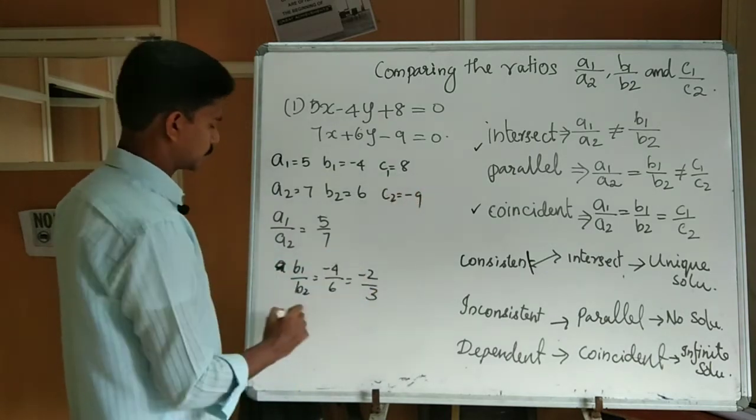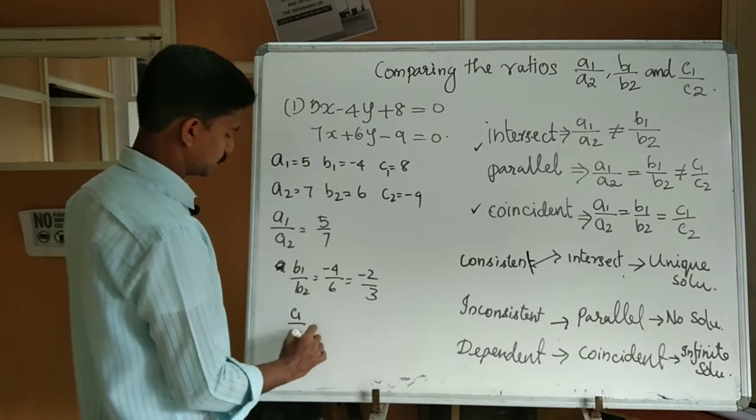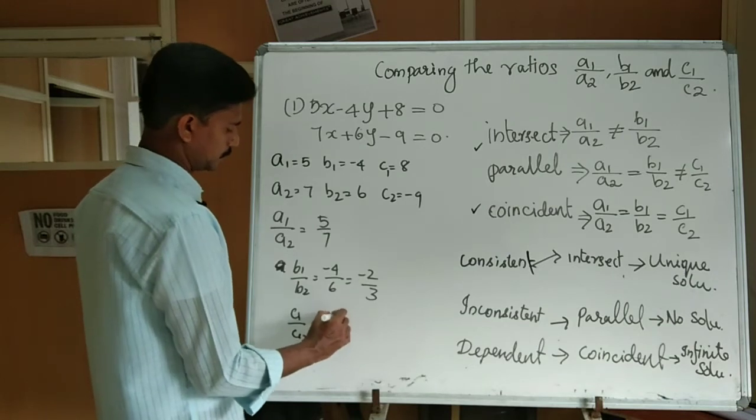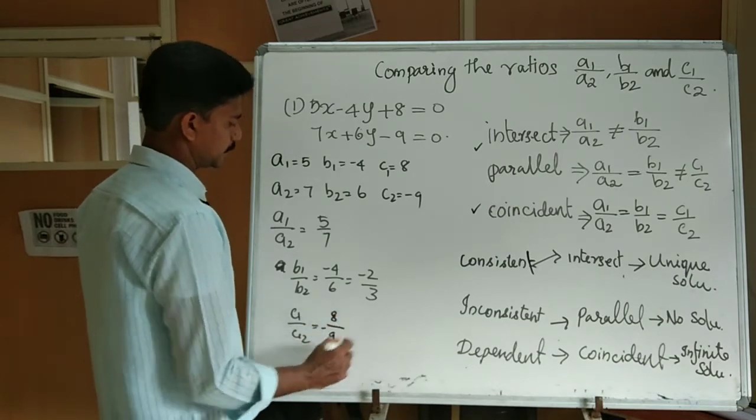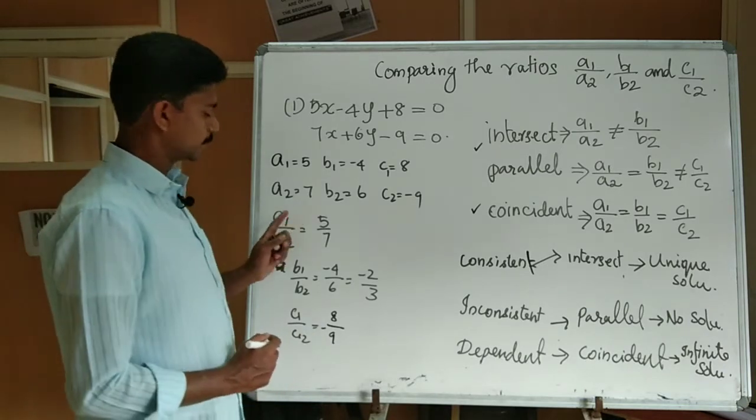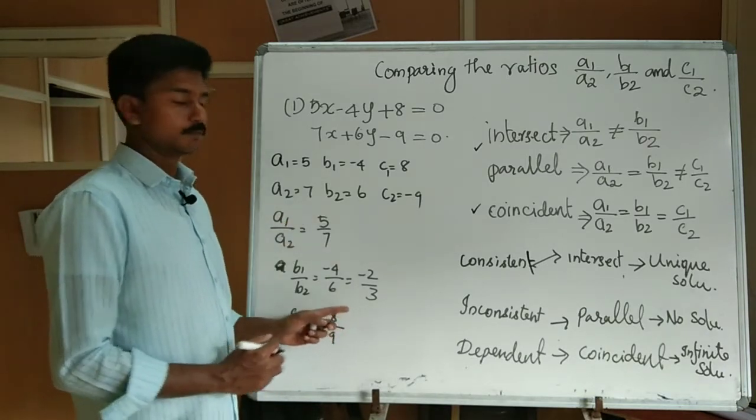Let us simplify this one. C1 by C2 is equal to 8 by -9. So if you see, all three are not equal. In this one we can understand A1 by A2 not equal to B1 by B2.